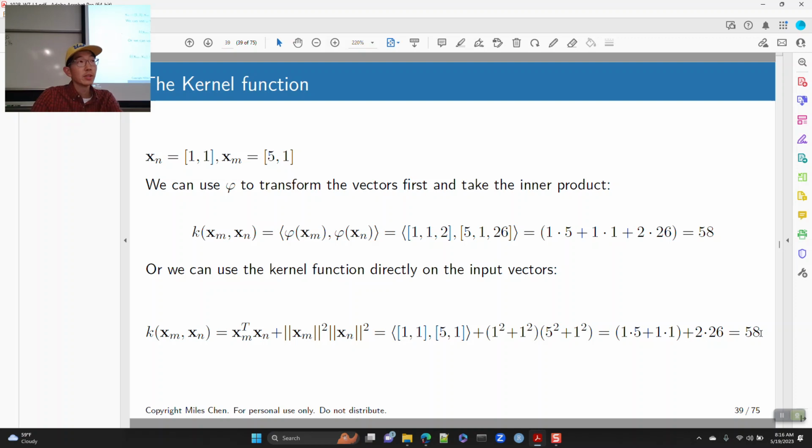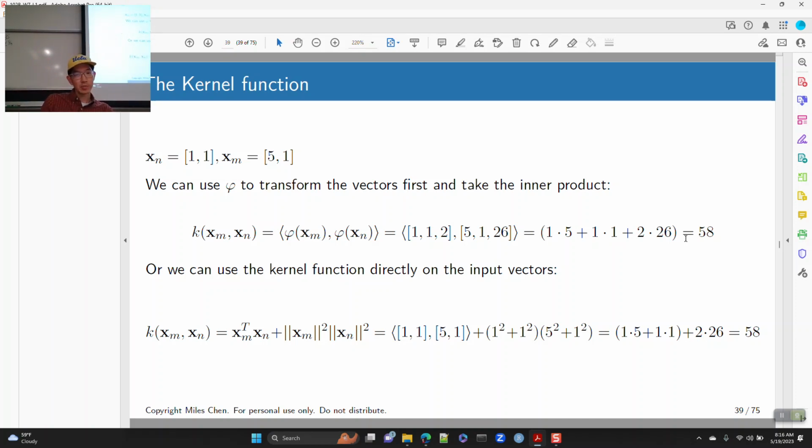So there are two ways we could arrive at our answer. One is using what we saw visually: we take our values in 2D, project them into 3D, and then take the inner product, and we get this number 58. Remember, we're doing this for all of the combinations: point 1 to point 1, point 1 to point 2, point 1 to point 3, point 2 to point 1, point 2 to point 2, and we're going to have to figure out this number for all n by n values.